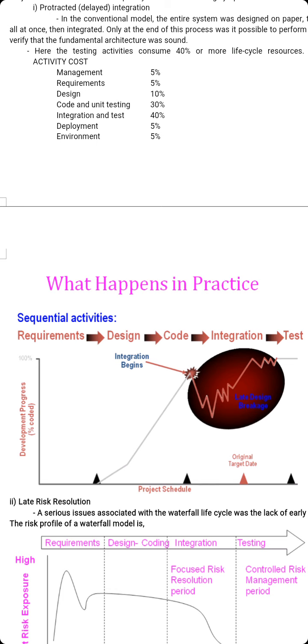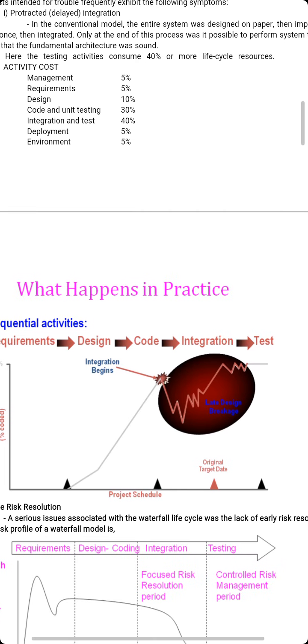We have some common consequences. First one, early success via paper design and thorough briefings. That is nothing but whenever you are writing on paper only, we get the success. Implementation is very easy.